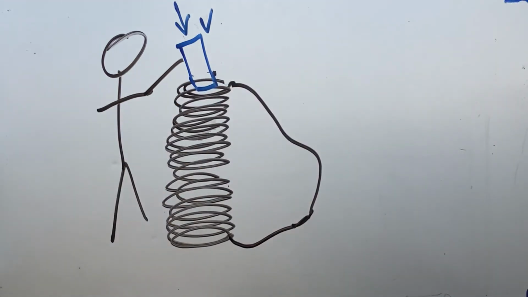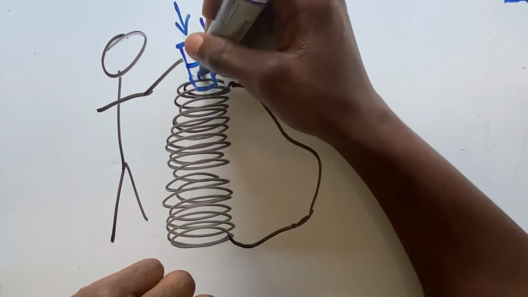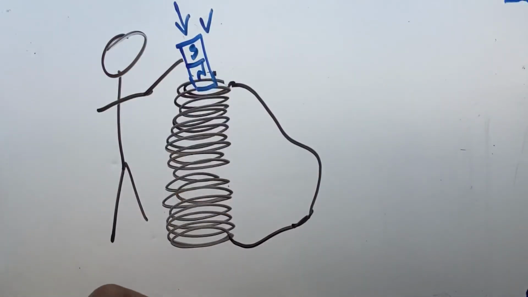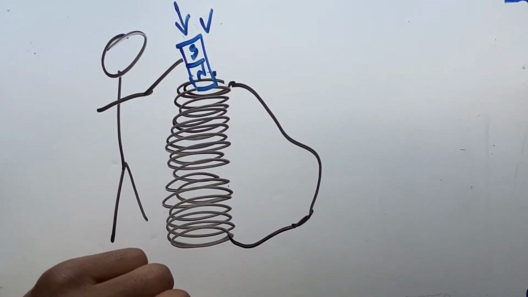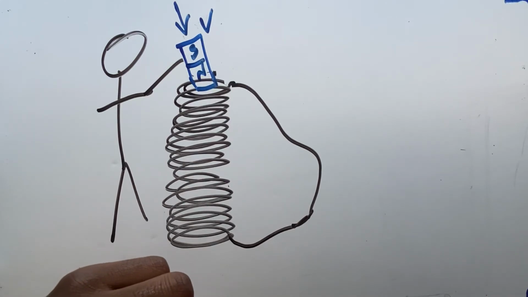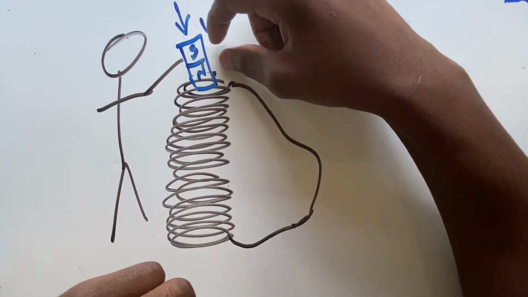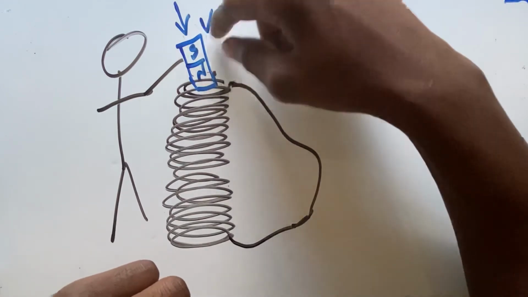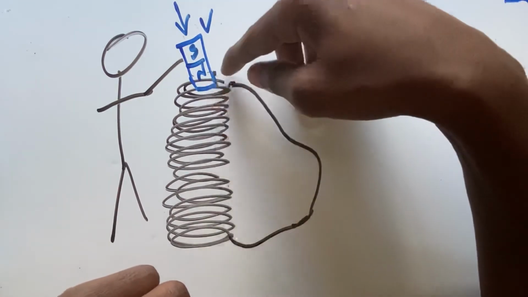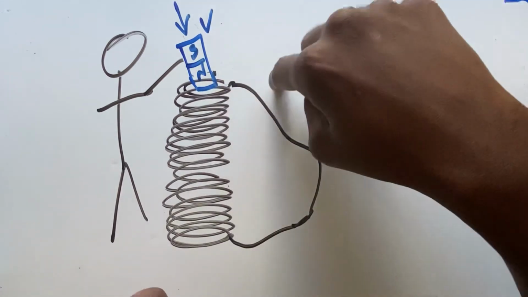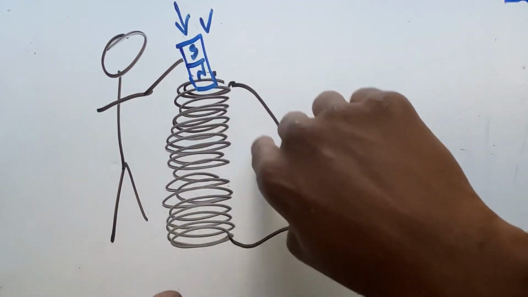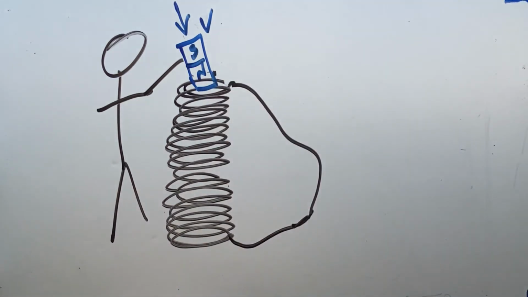So what are they saying there? So let's say this is our North Pole, this is our South Pole. When we try to push this magnet down with some velocity into this loop, it's going to induce a current into this wire.